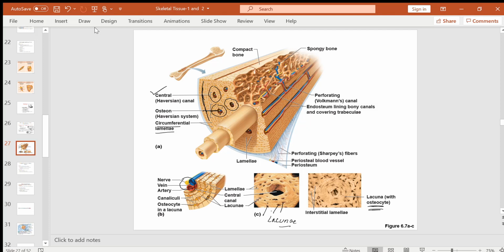So interstitial lamella is here in between the lacunae within the osteon, and the lamella that covers the whole bone is the circumferential lamella.